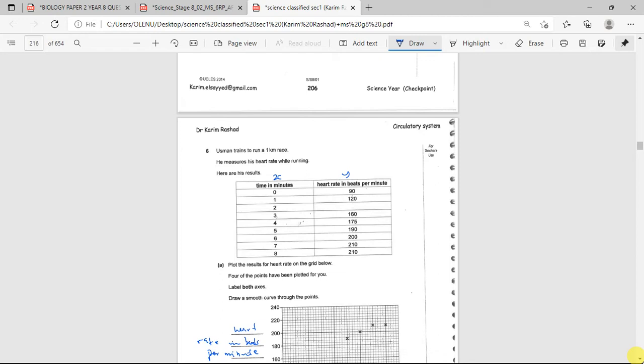So 4 has not been plotted, and the value for 4 is 175. For 3 it is 160. I don't have a value for 2, which is empty. Then my 1 is 120, and 0 is 90. So let me plot this on my graph now.